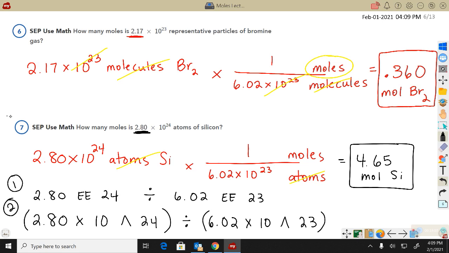Yikes, I'll squeeze it in up here. Option 3. You could just move this decimal spot one place, make this 1 power of 10 greater, and then you could go 28.0 divided by 6.02. Ha! That's kind of nice, huh? That's probably the easiest and the quickest, but you just kind of have to understand the scientific notation.